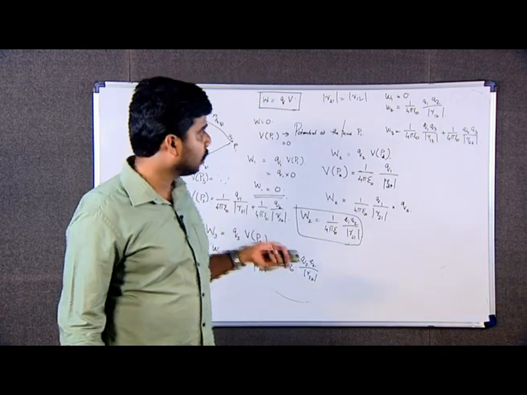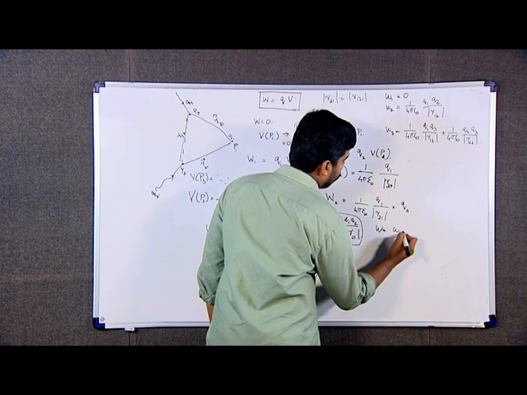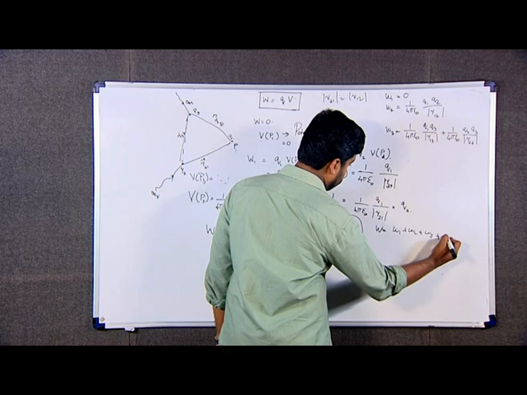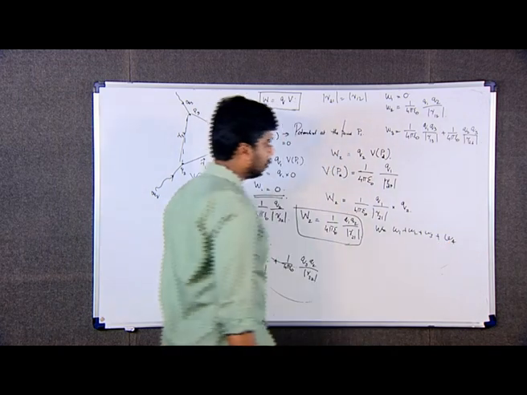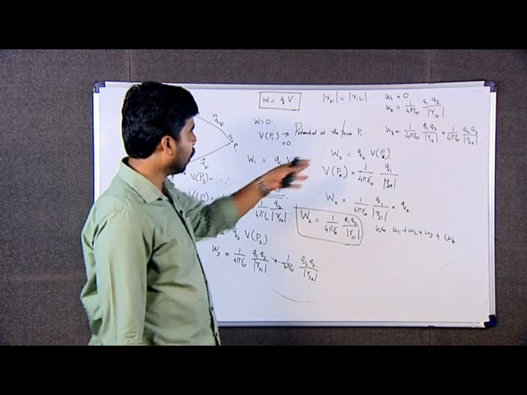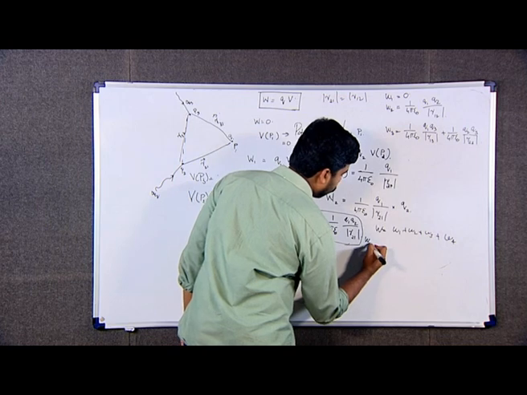So, in general, if there are 3 charges, the total work done is W equal to W1 plus W2 plus W3, and if there are 4 charges then it is W3 plus W4. So, what about W4? You can just look into the board and write the expression for W4.